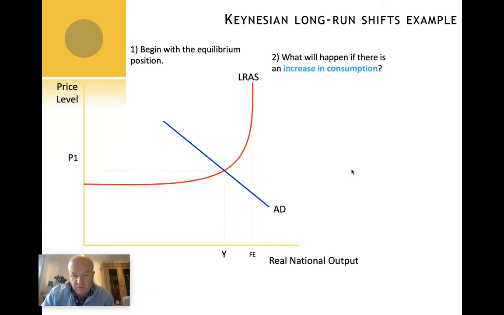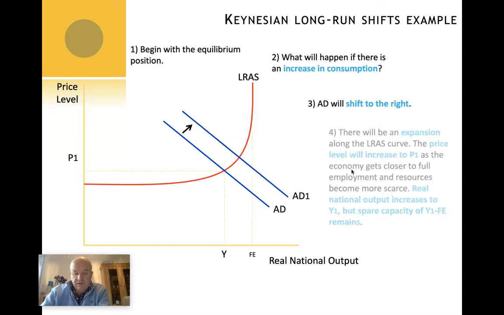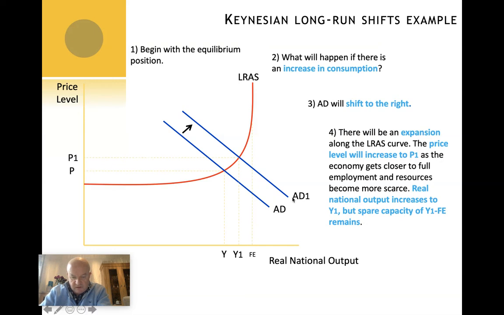So if at that point we have an increase in consumption, what would happen? Well, that's going to affect AD, causing AD to shift to the right, moving from AD to AD1. That's going to cause an expansion along the curve as well.